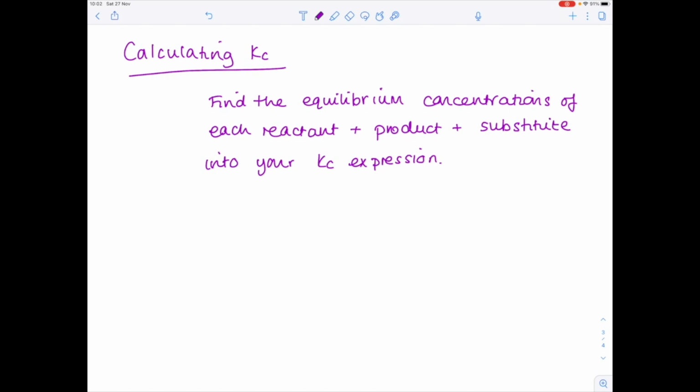So in order to calculate Kc, you want to find the equilibrium concentrations of each reactant and product and substitute these values into your Kc expression.